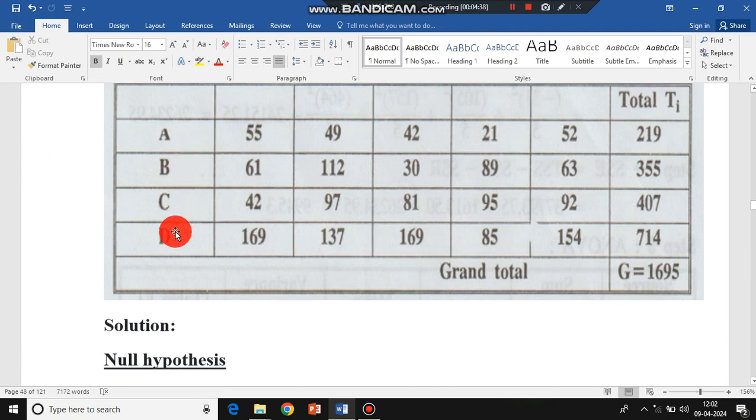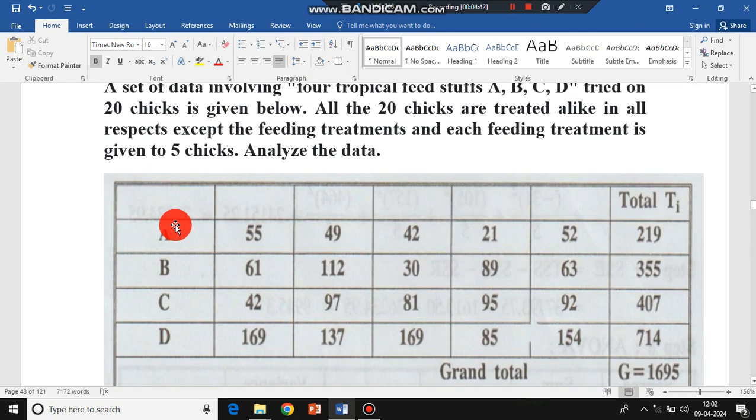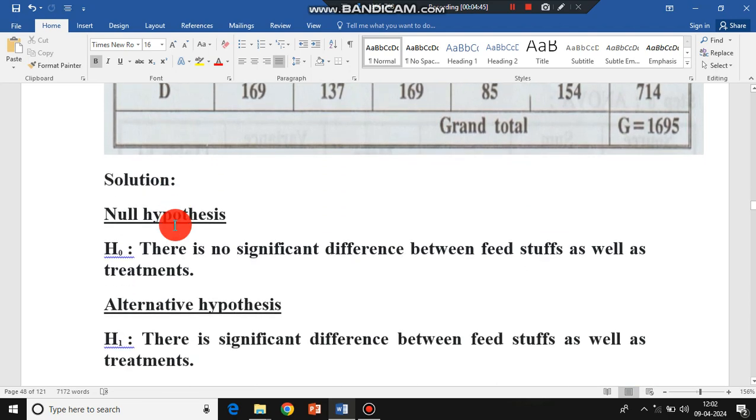We already know that the first step in any two-way analysis is making the null hypothesis. We know that the null hypothesis is a blind idea. The result is unknown; we have to do statistical tests, and that will give the result of this hypothesis.